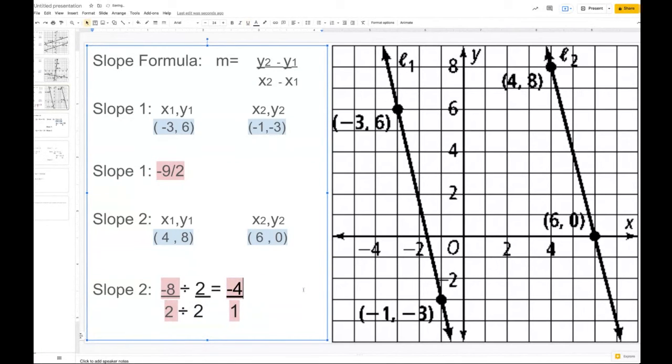I'll erase everything here. The only thing you'll be focusing on is this. I'll unhighlight this one just in case so you don't get confused. So all you're looking at is the one in red. Okay. What is the answer? Is it perpendicular, parallel, or neither?